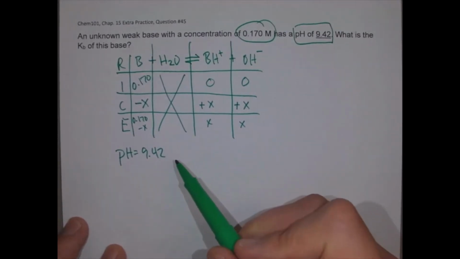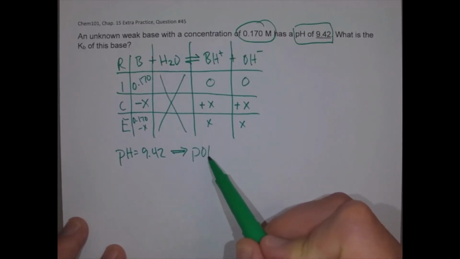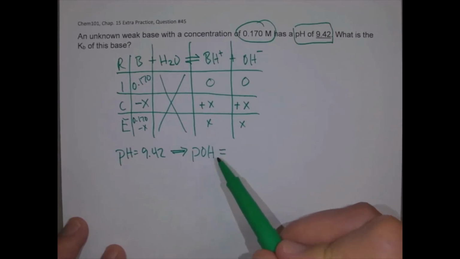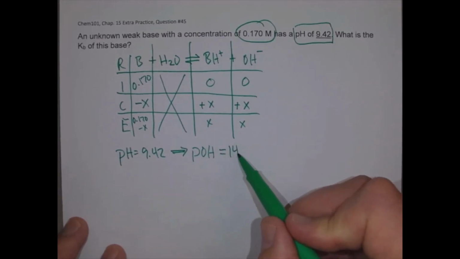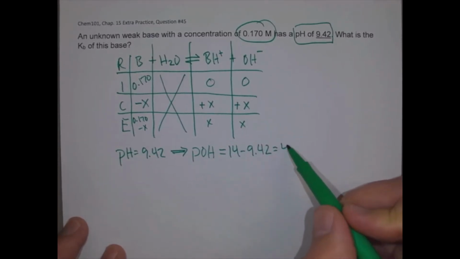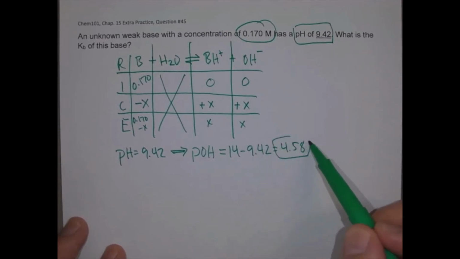So what would be useful is if I can find out what the pOH is. And I know that there's a relationship between pH and pOH. The sum of the two always equals 14. So the pOH is going to be 14 minus 9.42, which is 4.58.